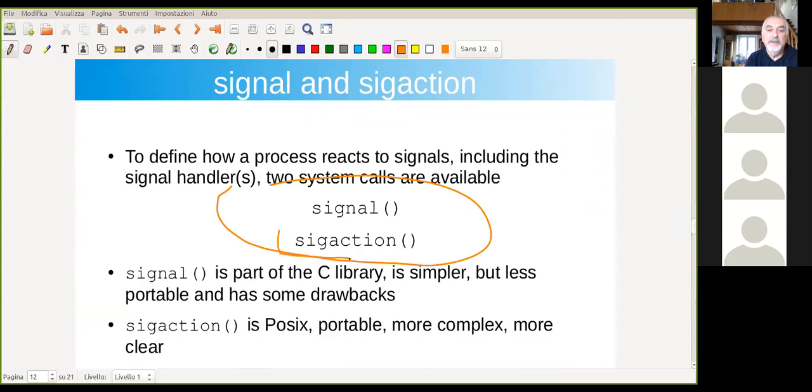So this is the real POSIX portable primitive. It's more complex than signal. Usually in many situations on fast prototyping, on the exercise and so on, we use signal because it's simpler, really simpler and elementary, but it's not POSIX. It is a C library.